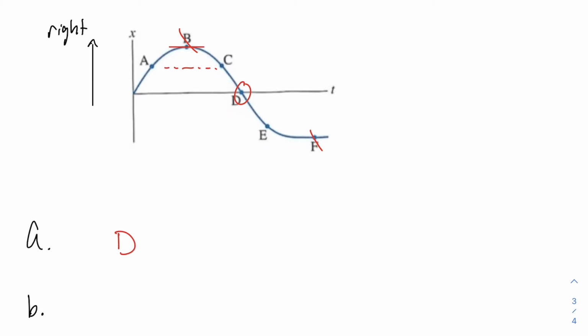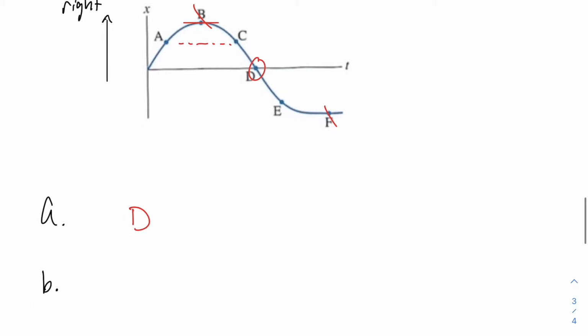So anywhere where you have a negative slope, you're moving toward the left. That's going to be points C, D, and E. F doesn't count because you're not moving at all. B doesn't count because you're not moving at all. And at point A, you're actually moving to the right.